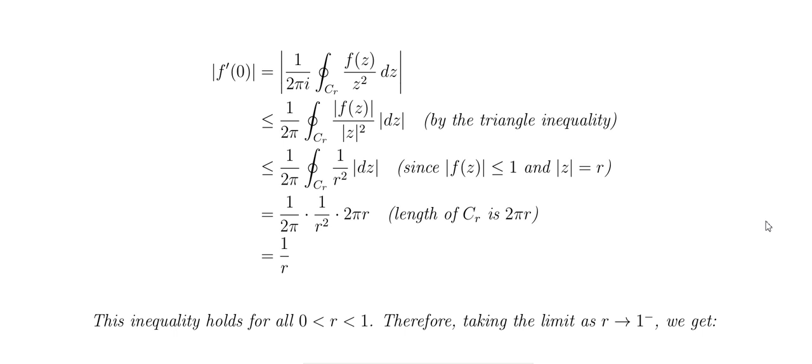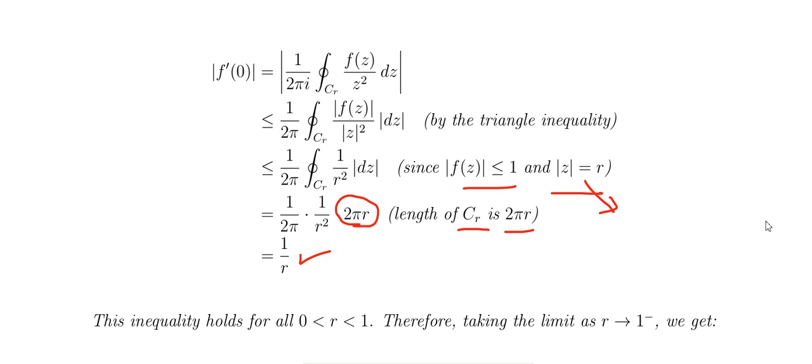So mod of f of z is less than or equal to 1, and mod z equal to R. So when you substitute here 1 by R square, only mod dz remains over the contour, which is nothing but the length of the contour C R, that is 2 pi R. Mod z equal to R means it is a circle of radius R, and the circumference of a circle of radius R is 2 pi R. So when you simplify it, that is equivalent to 1 by R.